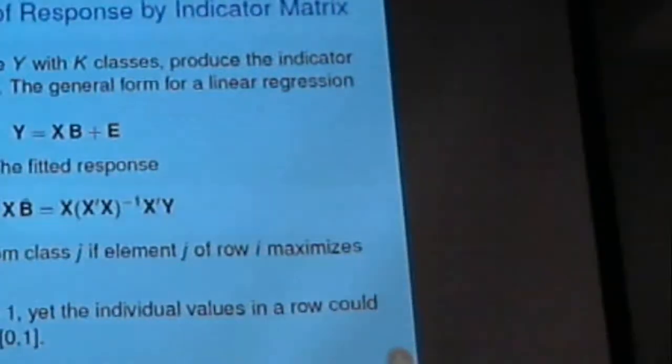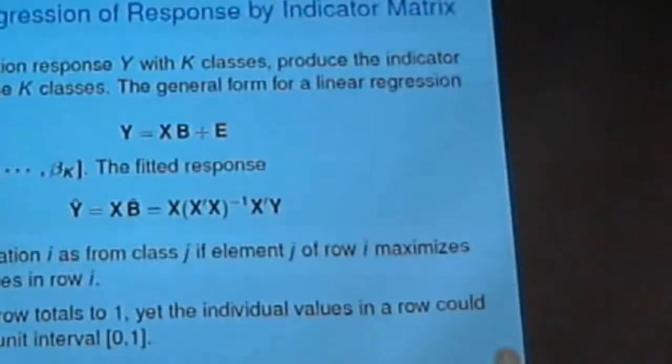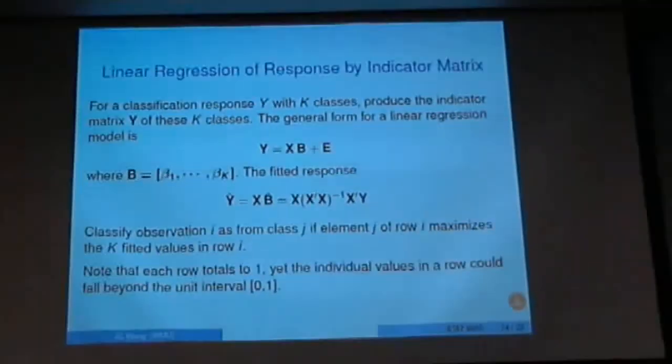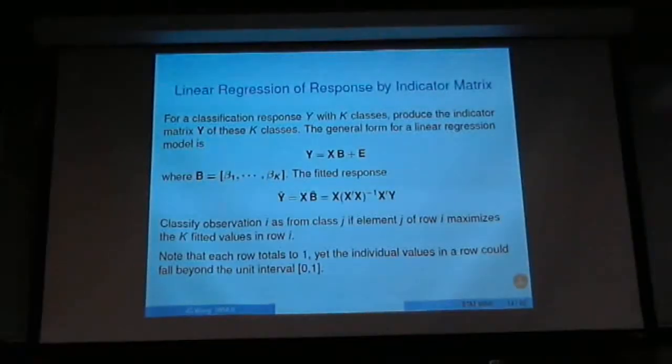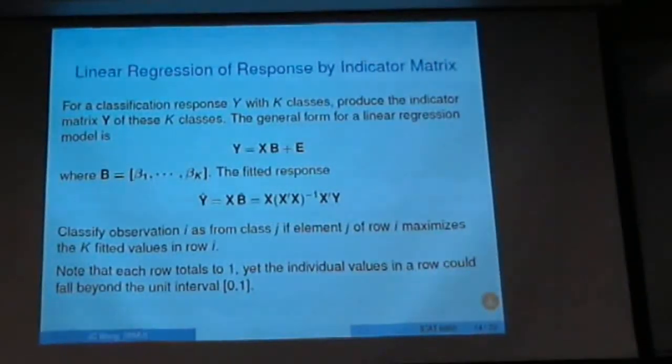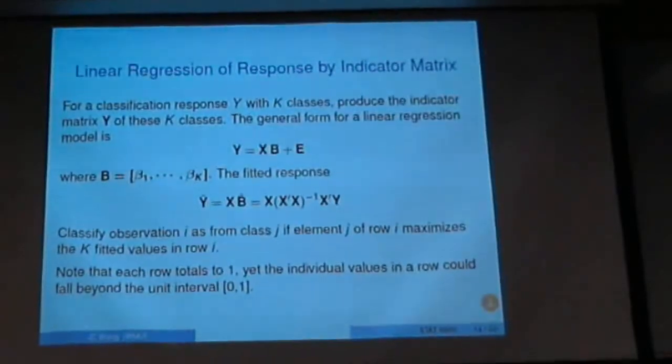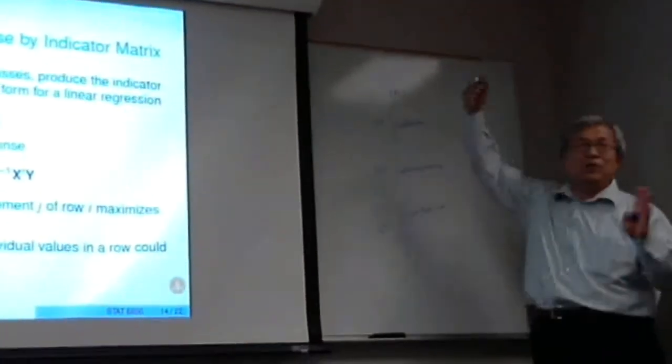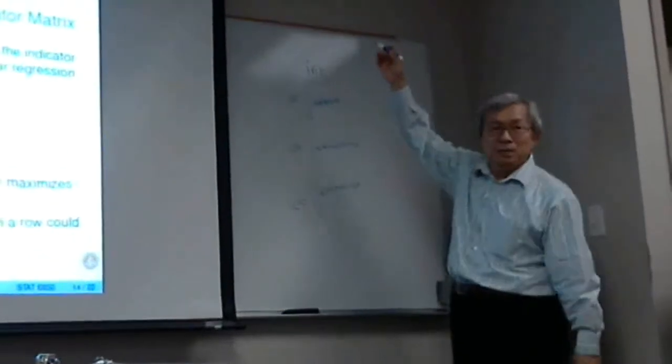Remember earlier that the first 50 observations are for Setosa, the next 50 for versicolor, and the last 50 for Virginica, right? When you create these indicator variables, I like to call it the indicator matrix.